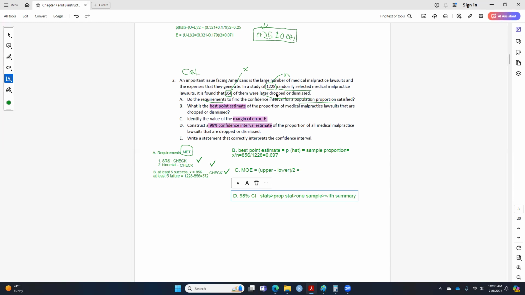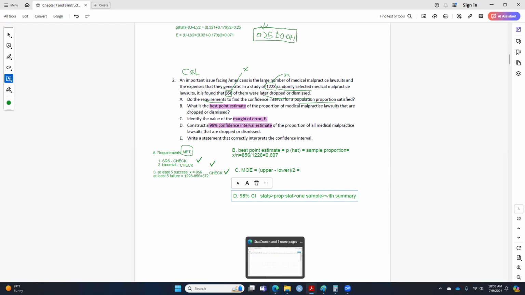Later in chapter 9, we will do 2 samples, where you break the population into 2 groups, like male and female, or Iowa and Minnesota.